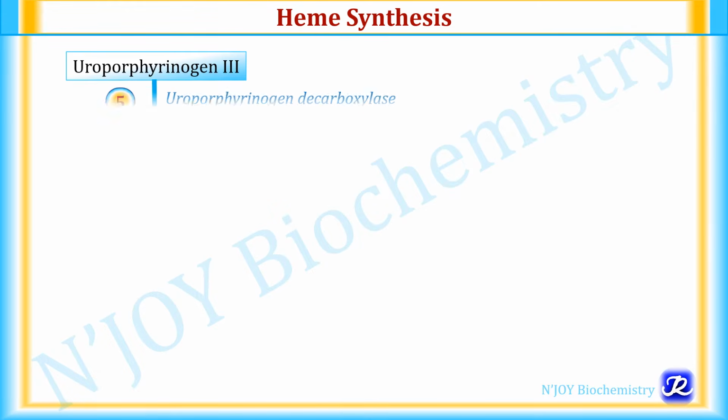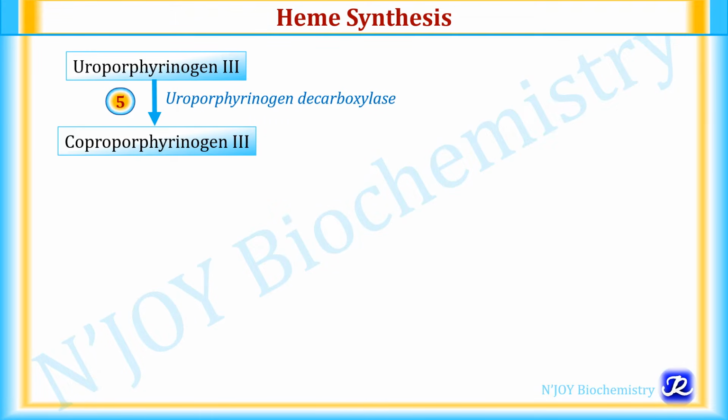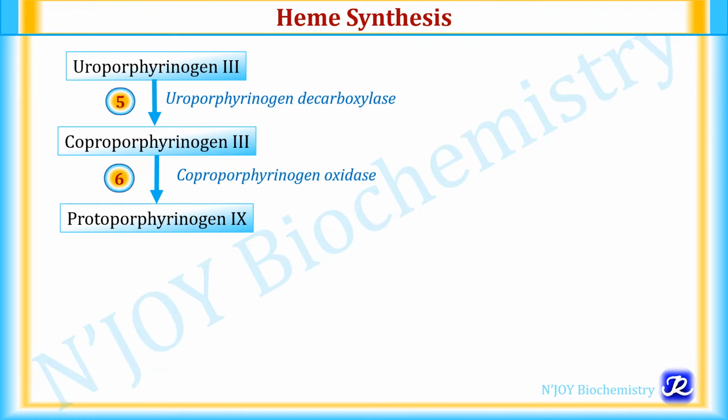The fifth step is conversion of uroporphyrinogen 3 to coproporphyrinogen 3 by the action of enzyme uroporphyrinogen decarboxylase, a decarboxylation reaction. Then by the action of enzyme coproporphyrinogen oxidase, coproporphyrinogen 3 is converted to protoporphyrinogen 9. This is the sixth reaction.